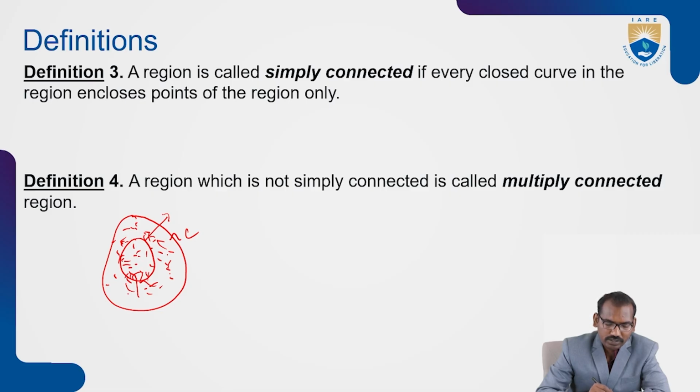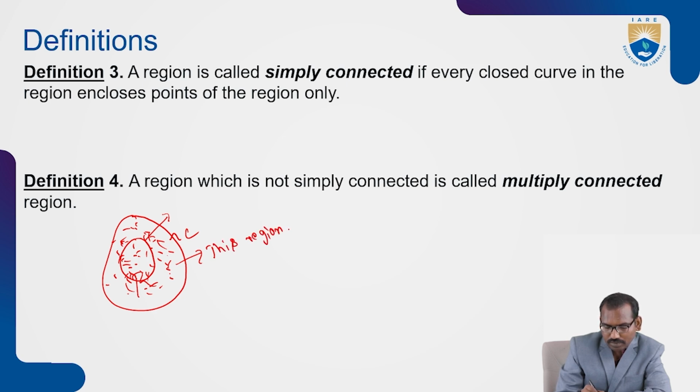So that's why we can call this region a simply connected region. I am taking any closed curve in this region, and that closed curve encloses the points of this region only. Hence, we call this region a simply connected region.